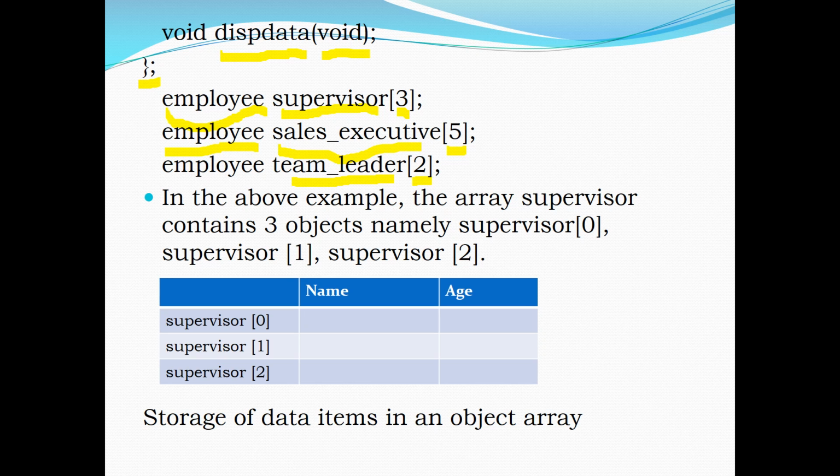In the first array, 3 members have been assigned, in salesexecutive 5 members, and in teamleader 2.